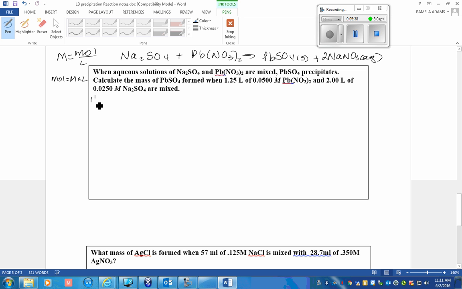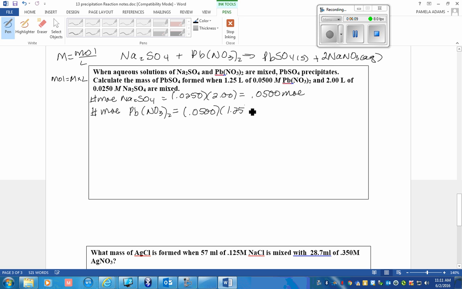So I will find the number of moles of Na2SO4 by using its molarity times its volume, and that gives me 0.0500 moles. The number of moles of lead nitrate is equal to its molarity times its volume.